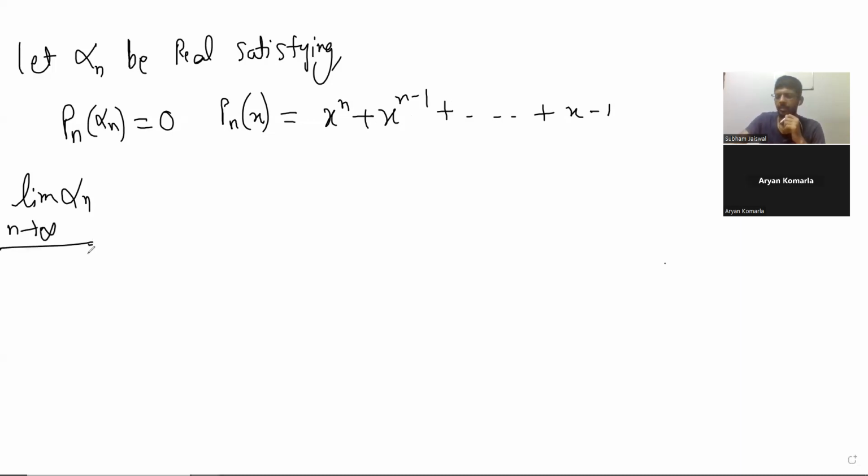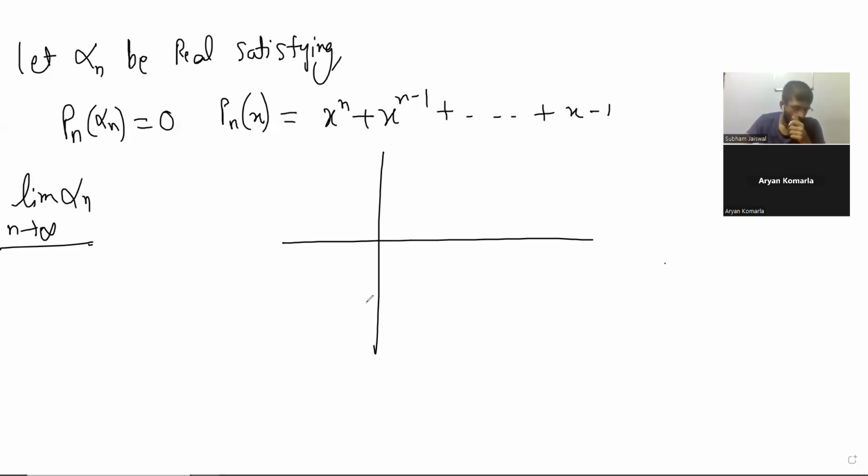So this, I don't know how to do. It will either go to 0 or go somewhere like that, right? Actually, P n of 0 is minus 1, and P n of 1 is definitely positive.